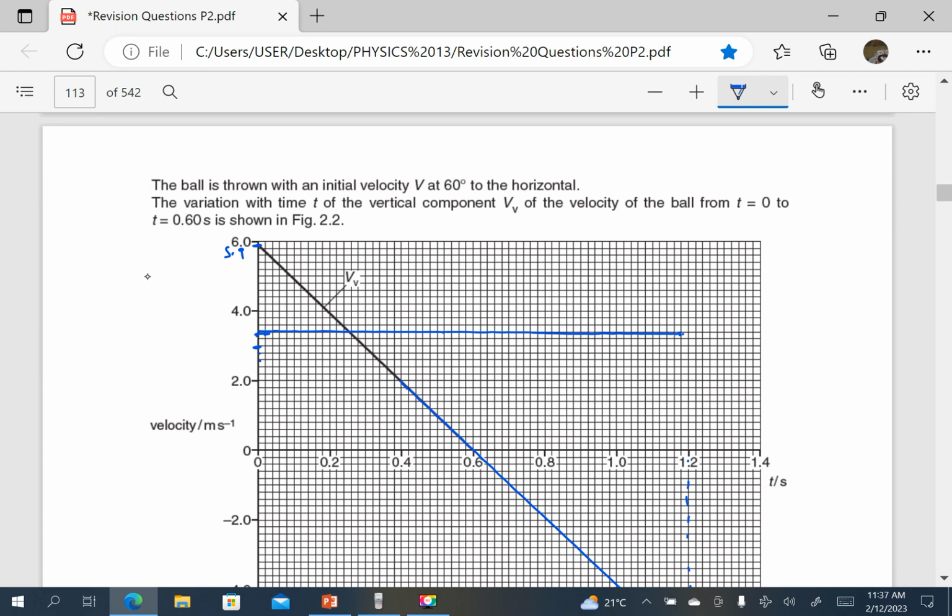So that will be a horizontal line. They said label this Vh. So that is Vh. Of course, your graph does not need to go beyond 1.2, I think it stops there.